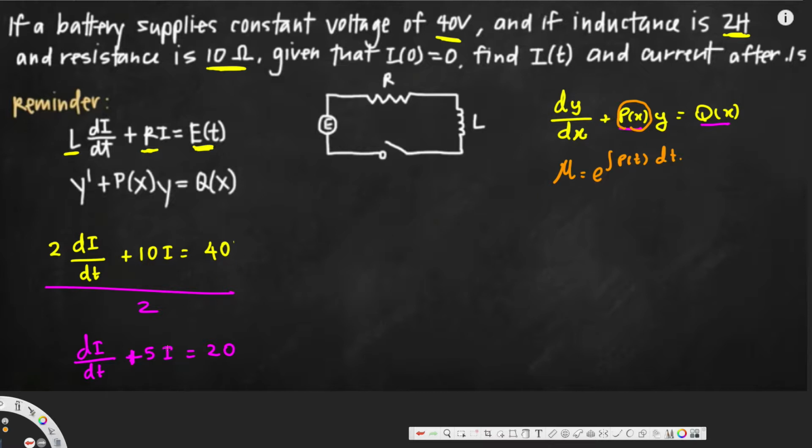In this case, I is treated as y, so whatever multiplies I is p of t, that's 5. Let's plug it in: mu is equal to e to the power integration of 5 dt, and if you integrate 5, that's just 5t. So this is going to be e to the power 5t.